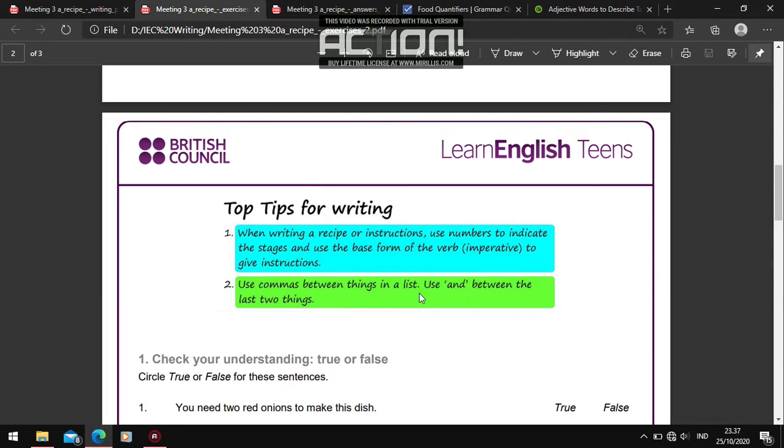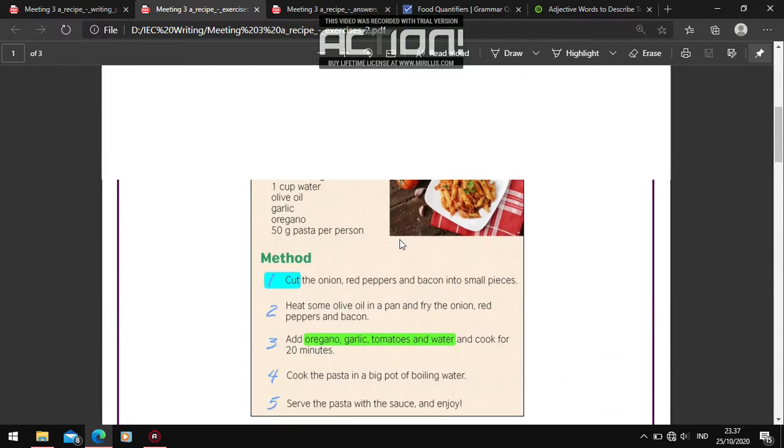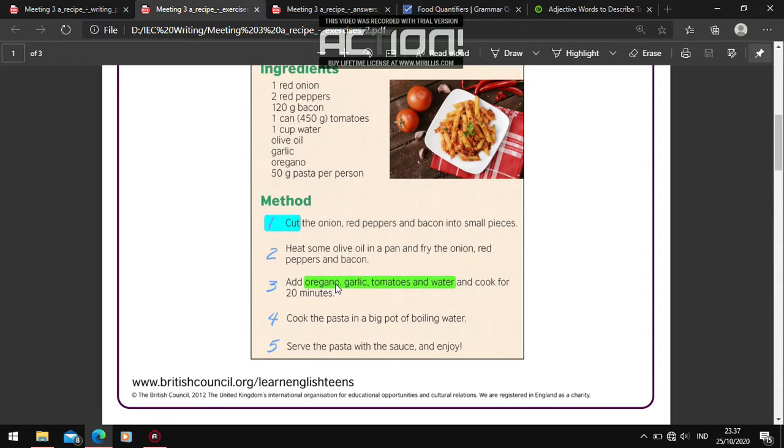And then the second one, you have: use commas between things in a list. Use and between the last two things. See here, add oregano. There are more, right? Oregano, comma, space. Remember, when you are typing or writing, after you put a comma, you put a space. Comma, space, comma, space. That's the good way in writing.